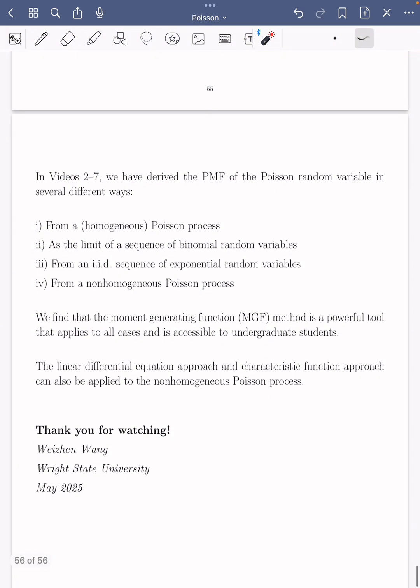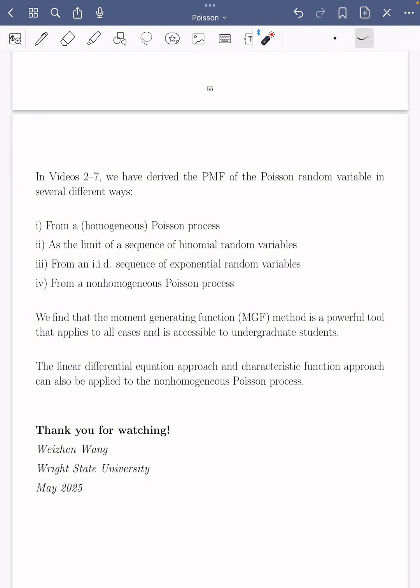In videos number 2 to number 7, we have derived the probability mass function for the Poisson random variable in several different ways. The first is from a homogeneous Poisson process. The second is as the limit of a sequence of binomial random variables.